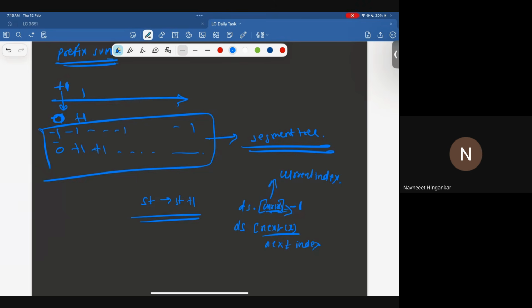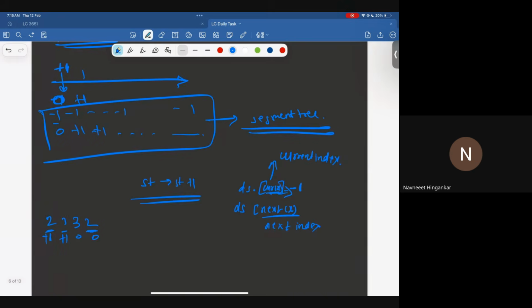So if my array was something like 2 3 3 2, my update would be here. If I move my start from here to here, this will contribute +1. Initially it was +1 +1 0 0.